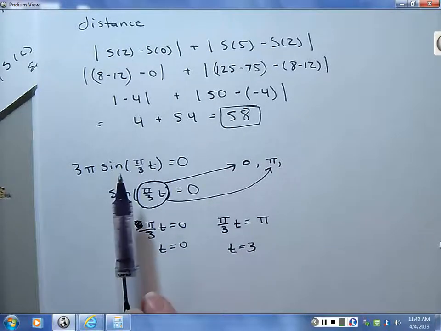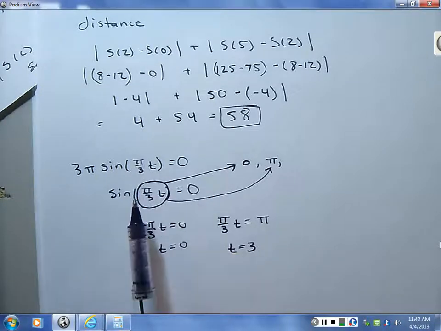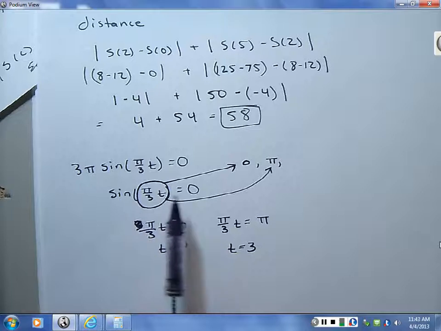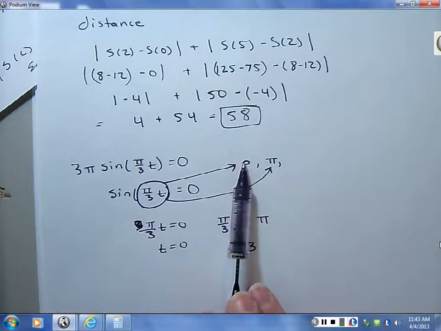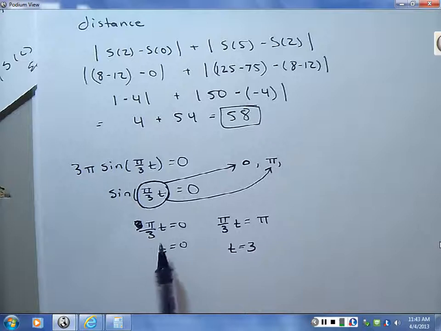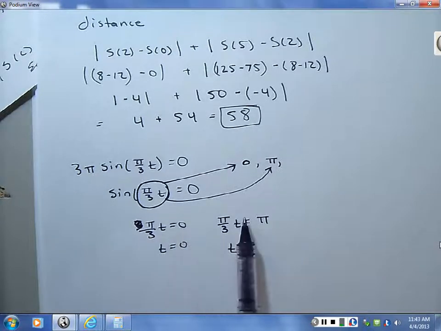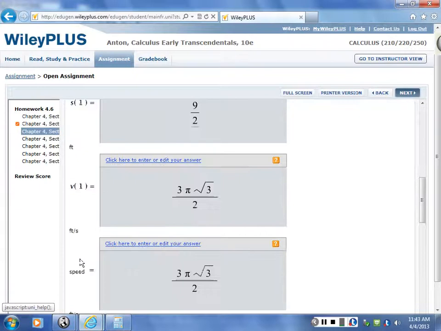I want to solve for when this function equals 0. Because 3 pi never equals 0, I focus on when sine of an angle equals 0. Sine of an angle will equal 0 when that angle equals 0 or pi. So the angle equals 0 when t equals 0, and the angle equals pi when t is 3. So the velocity is 0 at 0 and 3.